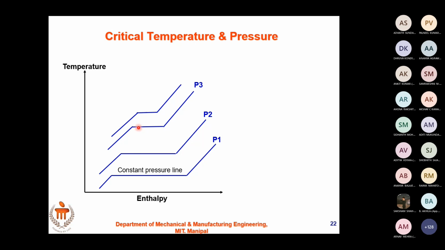Once again I start to heat. You're simply heating, but there is no change in the temperature. When you add heat, you should increase the temperature, but here the temperature is not increasing at all, right? The entire heat added to the system is utilized only for phase conversion.